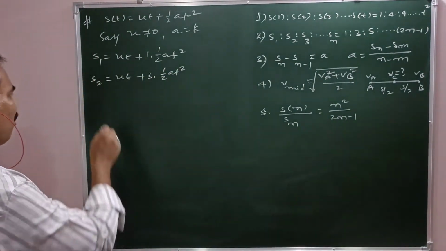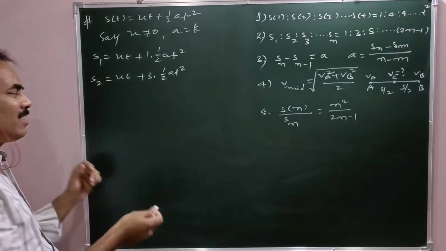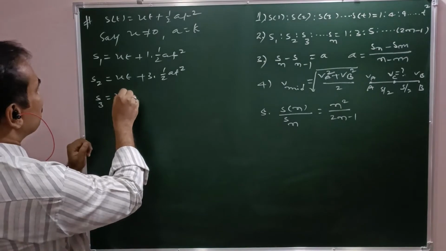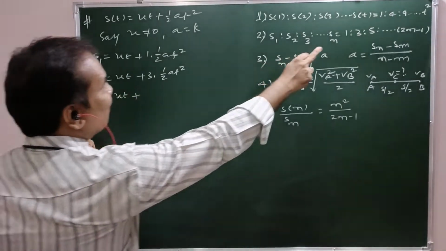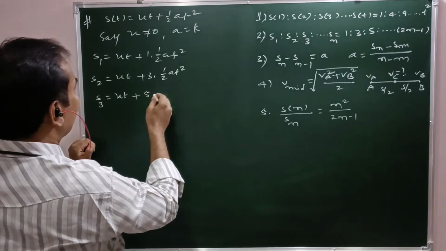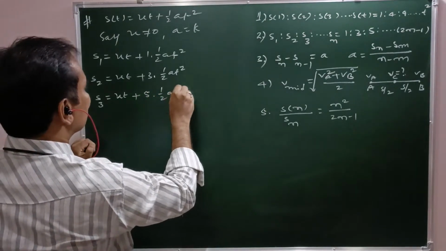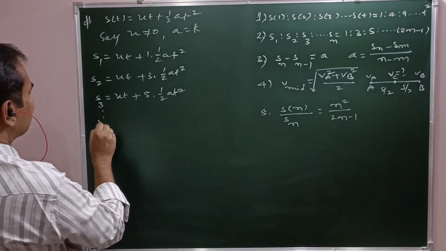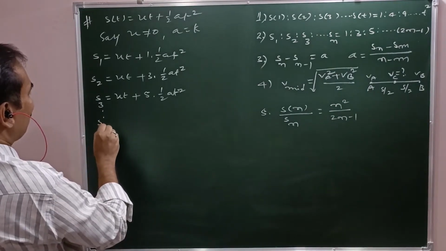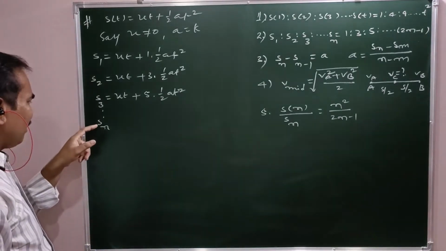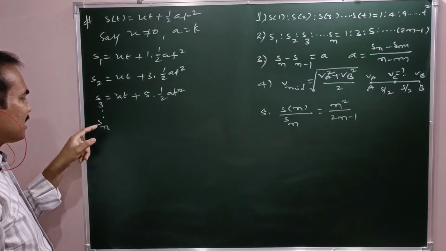Now distance covered in the next t seconds, that is s3 equal to again ut plus, after 3 what is the value? 5. 1:3:5, that is 5 into half at square. Up to so on, s suffix n equal to, in the last t seconds. In last, it doesn't mean the distance covered in nth second.